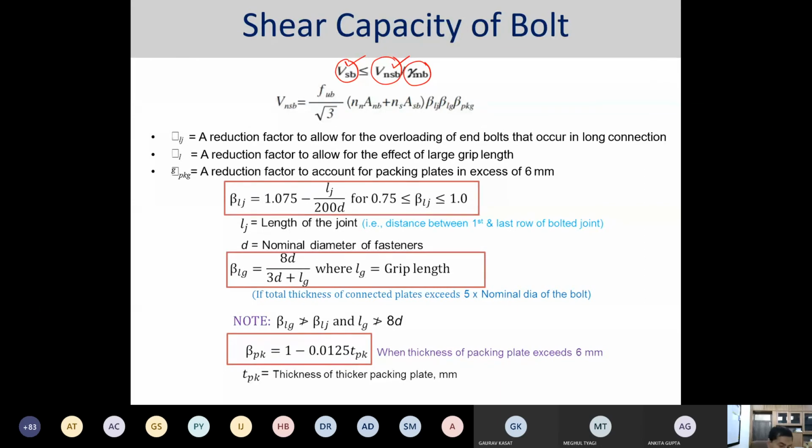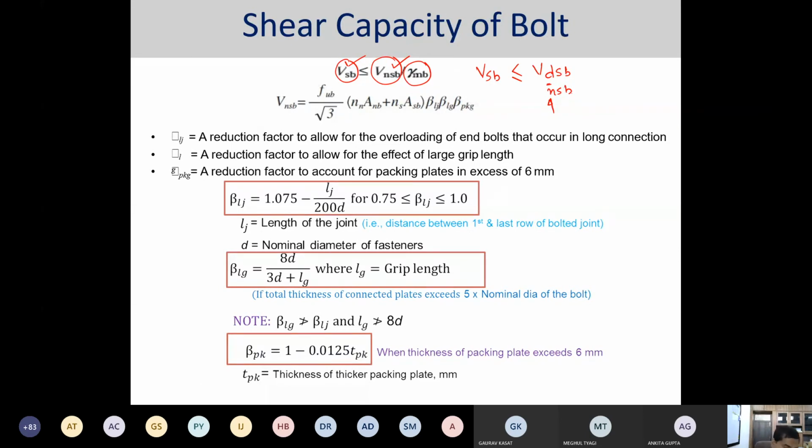Okay, divided by the factor of safety, which gives me V_sb is less than or equal to V_d. D stands for the design shear strength. N stands for nominal, as in V_nsb. Nominal divided by the factor of safety gives you the design strength.